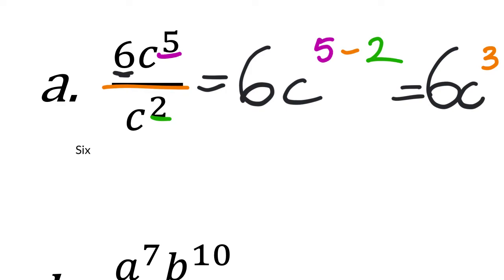If you said 6c to the 3, your teacher's going to freak out. I'm talking about the answer. This would read 6 times c to the 3rd power. All right?